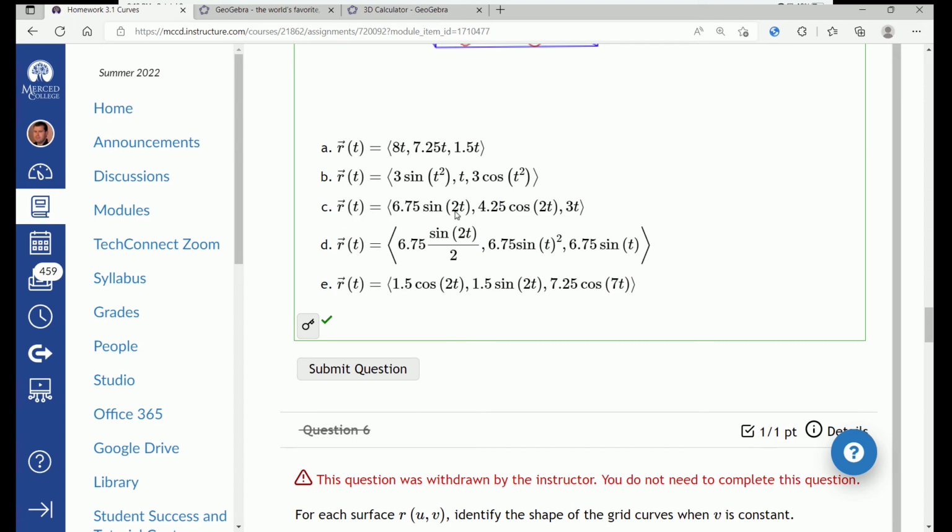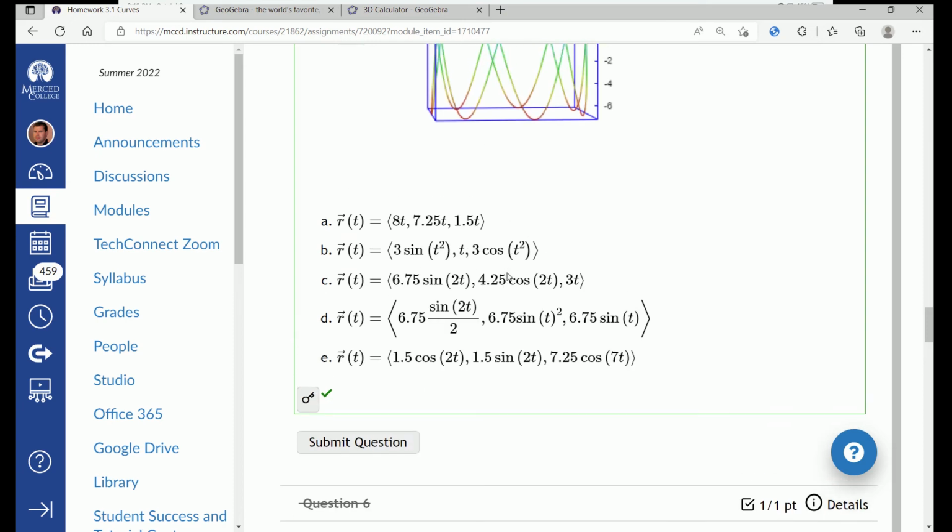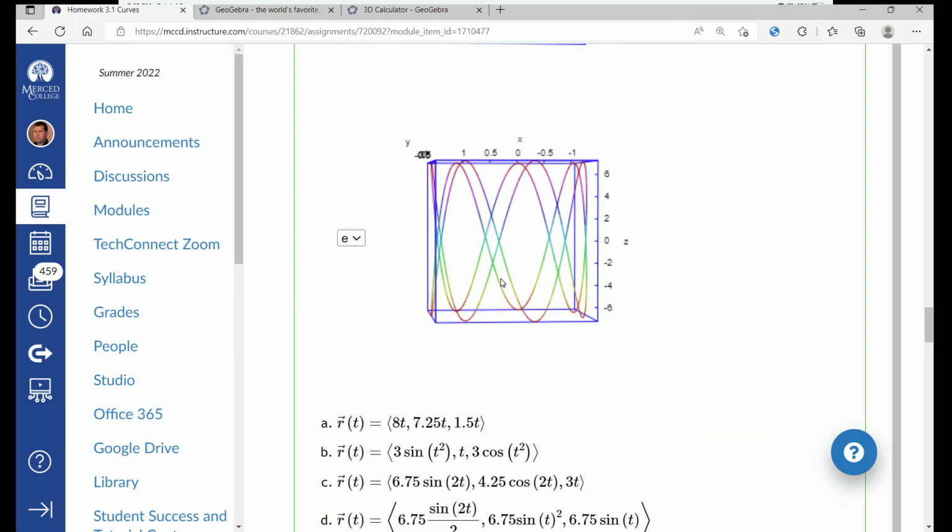Like on C, the X value must be between negative and positive 6.75, and Y must be between negative and positive 4.25. Those are different, but we can look at the x and the y. So where is y between negative and positive 4.25?